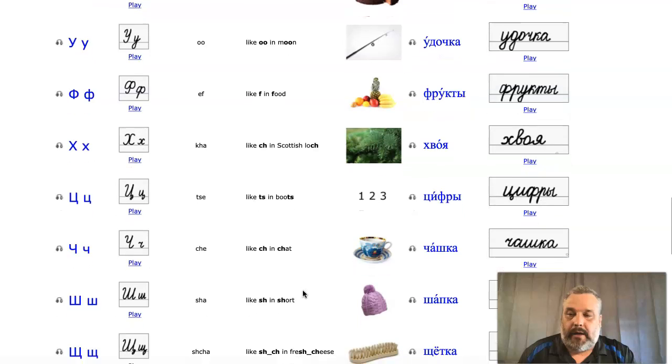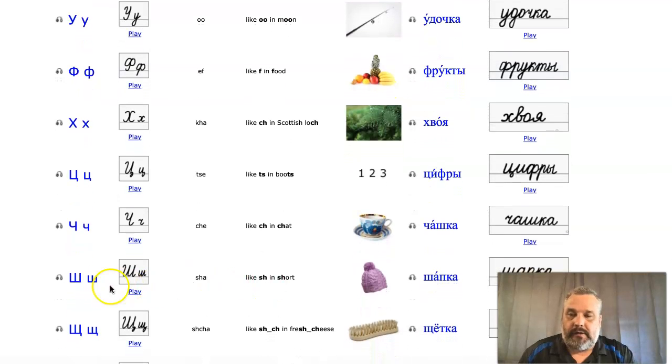All right, so anyway, the next one is sh, but they put a little hook on it, and it actually means shch. But I'll give you a hint. When you're speaking Russian, it's hard to really hear the difference between sh and shch when you're speaking fast. Like you would say shchotka. Now, tell me, shapka and shchotka. I mean, you have a little bit of hesitation there.